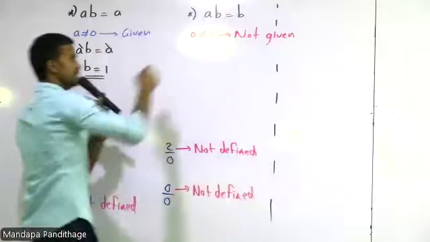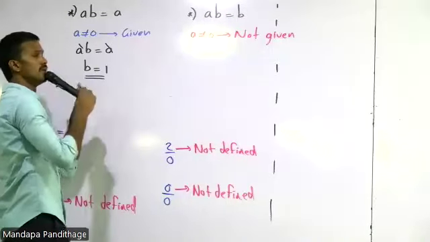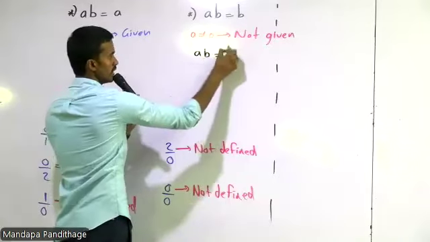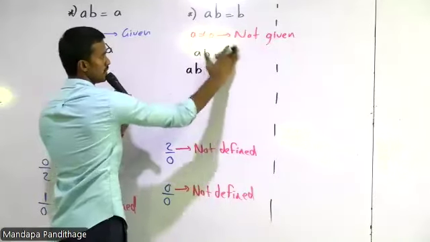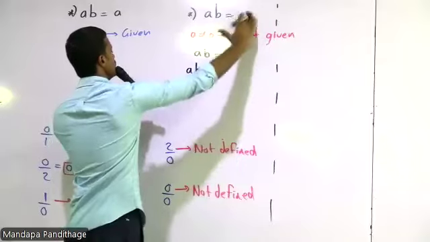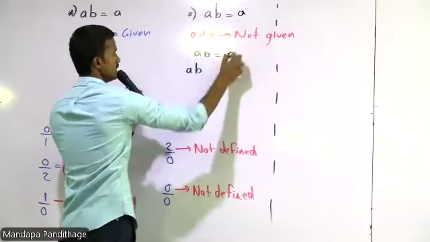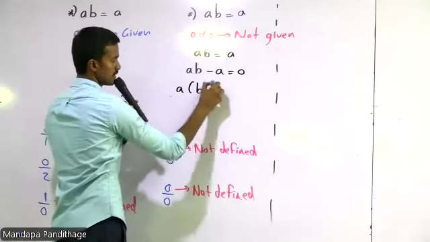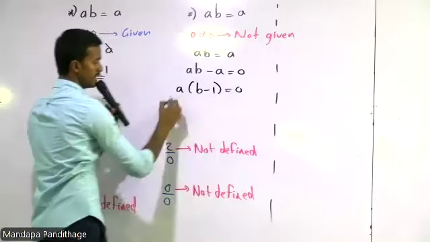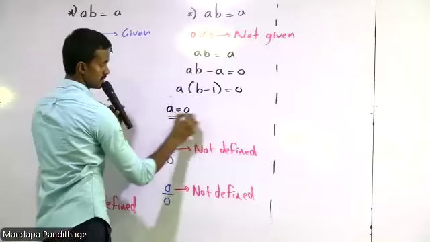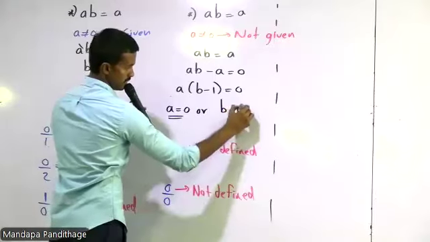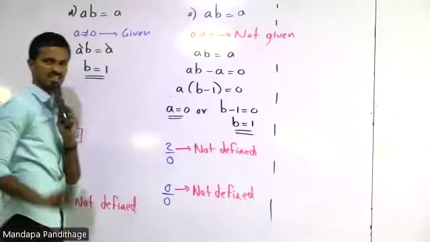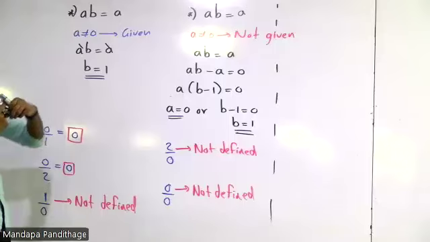If they haven't given it, then you can't cancel these two. What you have to do is take this to one side and then factorize, and take that as the answer.